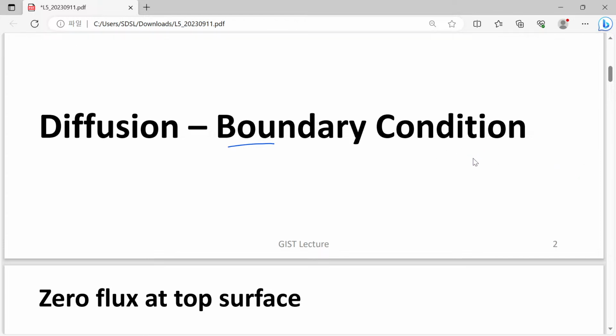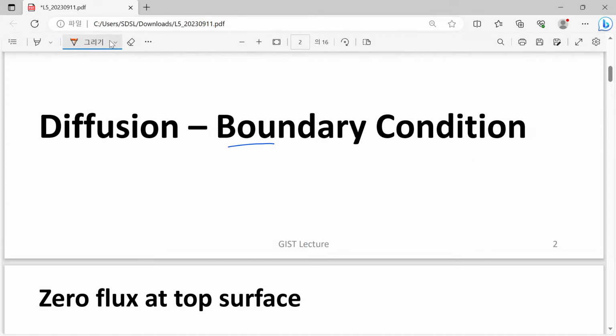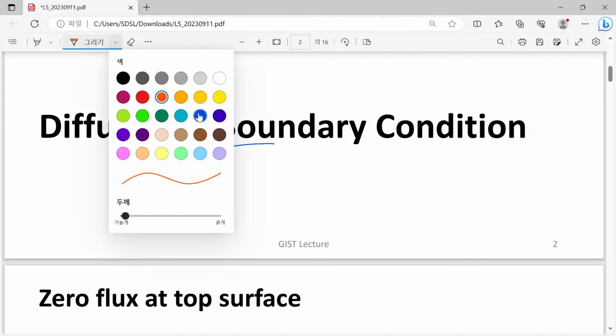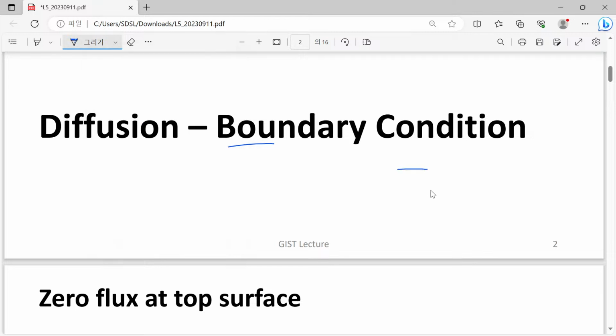However, actually we are working on the surface area only. So simply speaking, although we have a certain system, we are only working on this very shallow region of our silicon wafer. So now let's magnify, and this is the one.